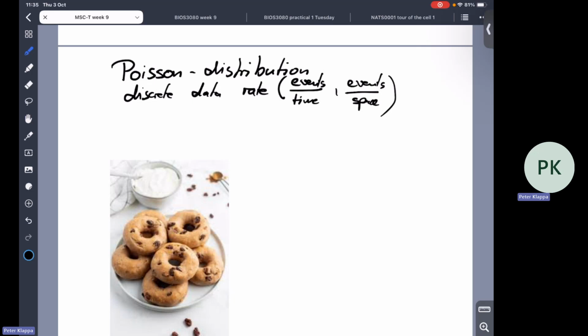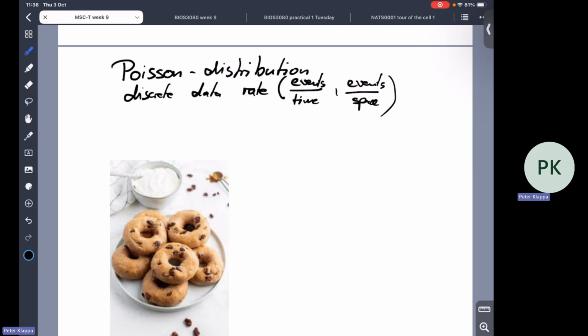That would also be a rate. And we could extrapolate and say, how many raisins on average will we expect in a bagel? So we can calculate it. It is discrete. You can only have whole numbers of raisins unless you chop them, but that's illegal.